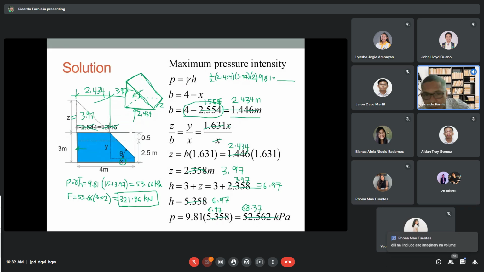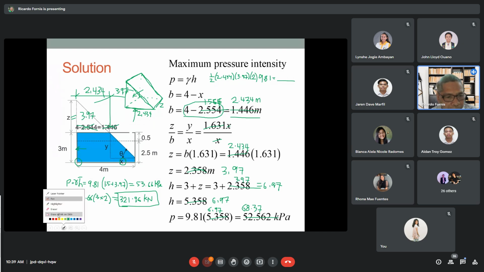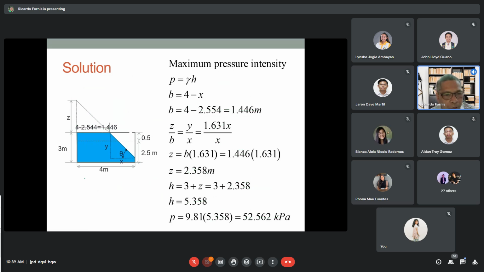The pressure at the bottom, in this particular case, is not uniformly distributed. The pressure is greater on this side, because pressure depends on the height. So if you are at the bottom, the pressure here has something to do with this height, and the pressure there has something to do with this height.